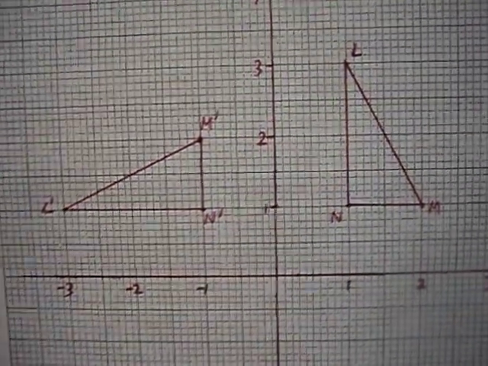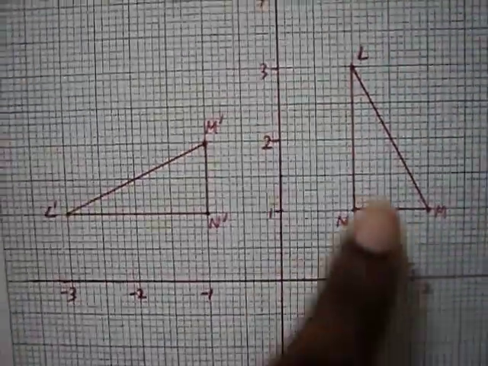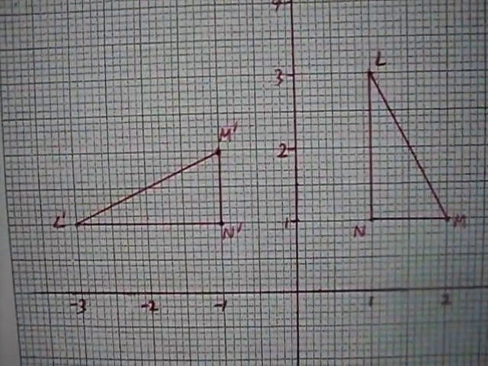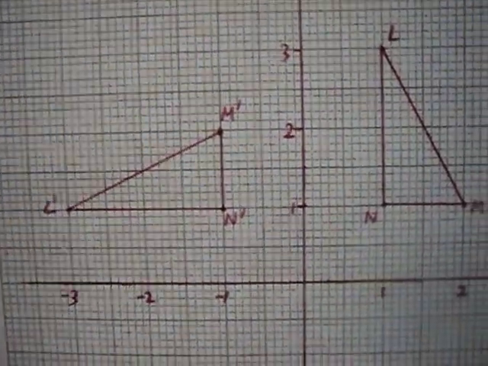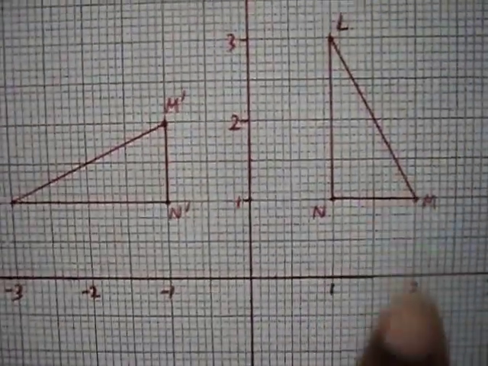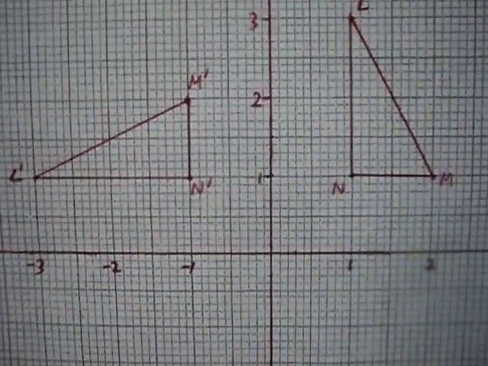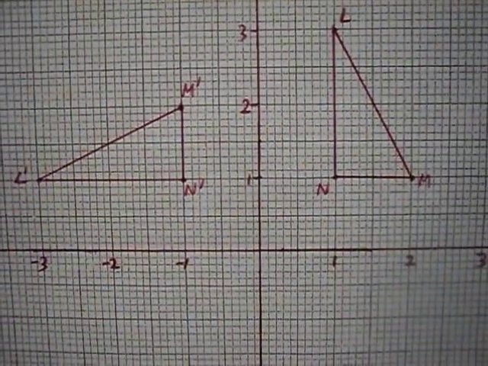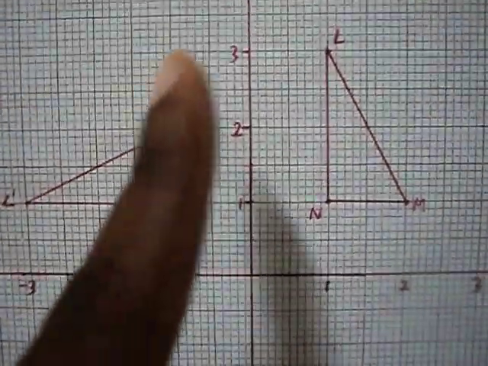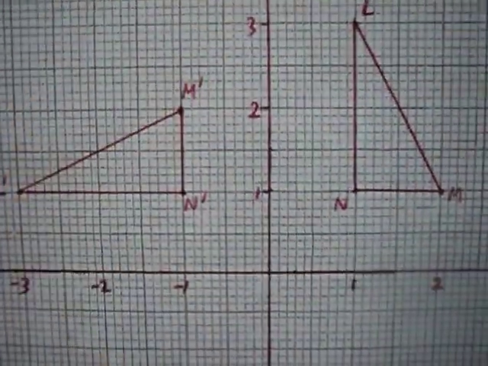Good. Now the direction of rotation is moving in that direction. So that direction is what? Anti-clockwise. I was just about to say clockwise, but it is anti-clockwise. Good. So moving in that direction is anti-clockwise. Moving in that direction is clockwise. Just look at a clock and you will see when the clock hands move in that direction, it is clockwise. Isn't that so? And moving in this direction is anti-clockwise.